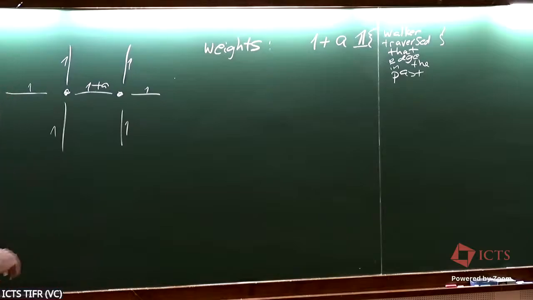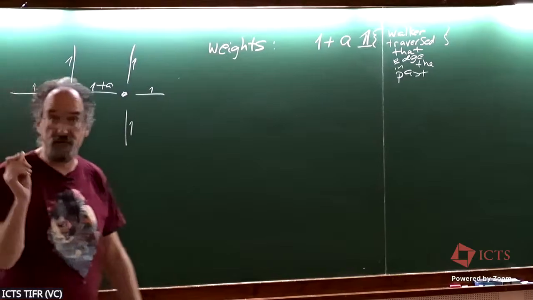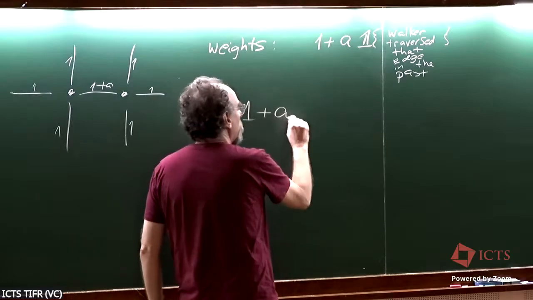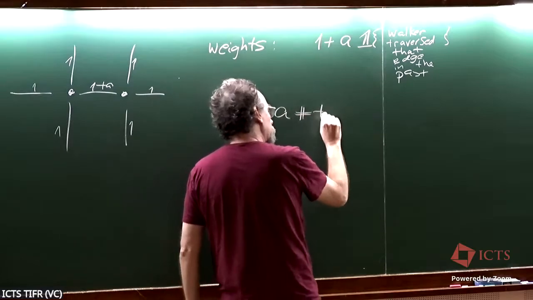And for the history, I'm going to also discuss another model. The topic of this talk is once reinforced, but there is a related model called linearly reinforced random walk, which is defined in a very similar manner, except the weight is 1 plus A times the number of traversals.